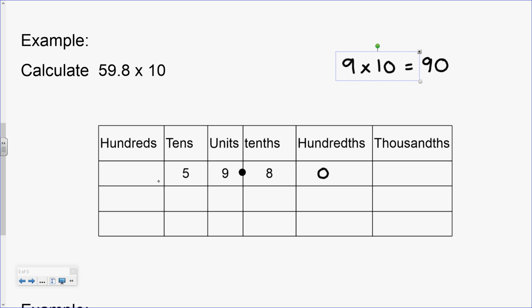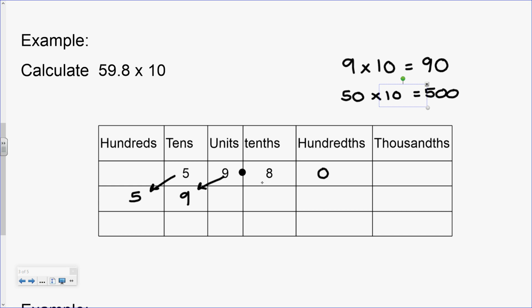So what's happened there is that 9 has actually moved across one place into the tens column. Let's imagine if we had 50, 5 tens, 50 times 10, well, that's going to give us 500. So that's going to actually move the 5 over in the tens column as well. And that's going to be 500 now.